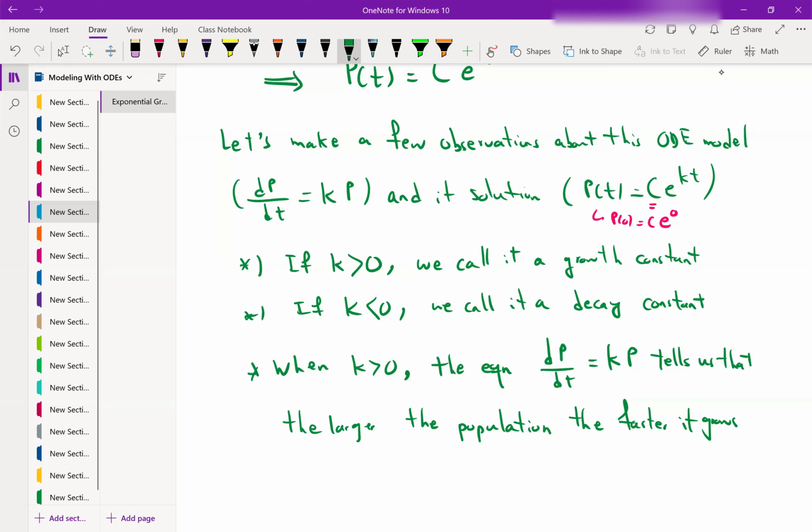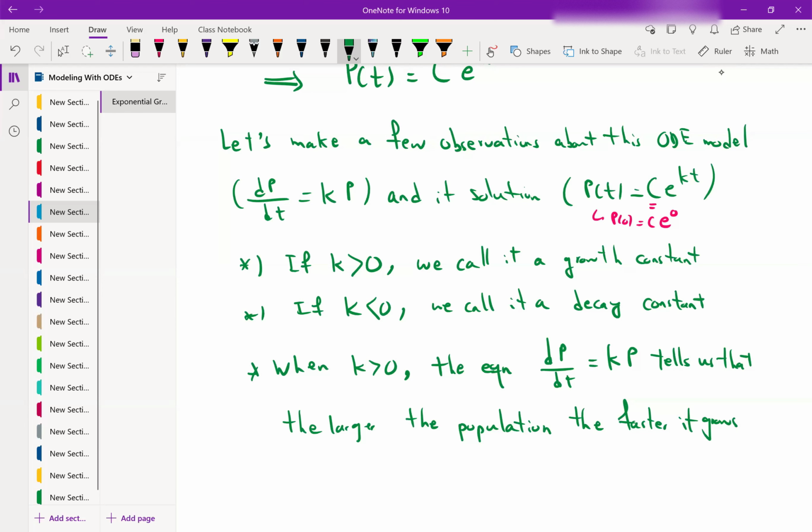However, in reality, normally there will be restrictions by the environment. It's not the case that population can grow indefinitely exponentially. There is a maximum population that can be sustained by the environment.